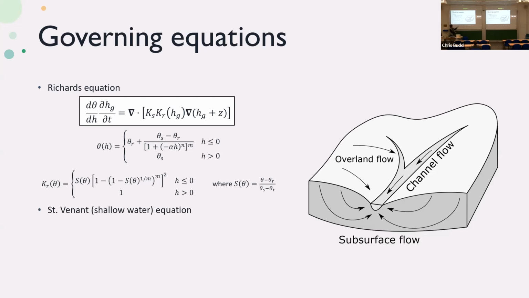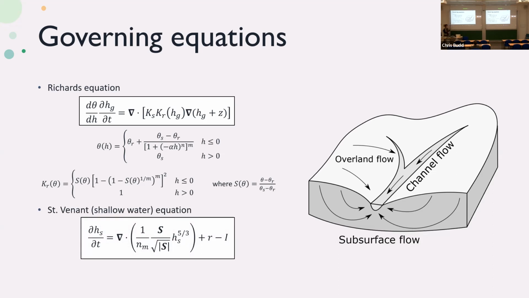Secondly, we have the overland flow, for which the physical models usually use the Saint-Venant equations, which are again a continuity equation describing the change of height of the ground surface water with time, which is equal to the divergence of the flow, which is given by the so-called Manning's equation. This is an empirical equation relating h, the height of the surface water, to the flow, and it also includes the square root of the slope as a prefactor.